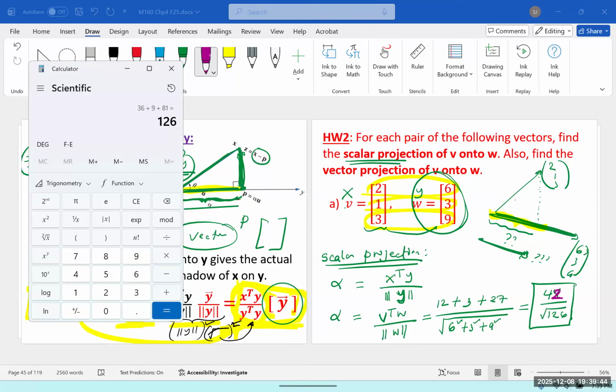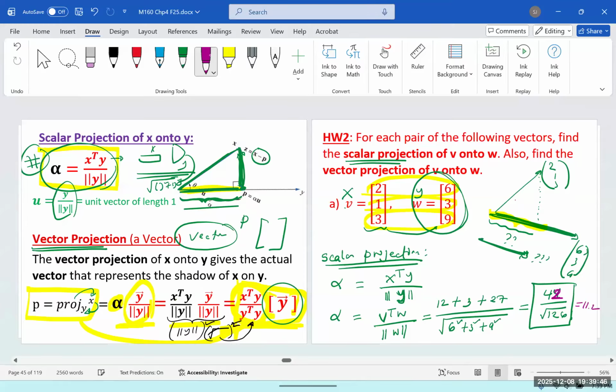Yep, 126. So this is 11.2. It means this much is 11.2 inches or whatever that is.